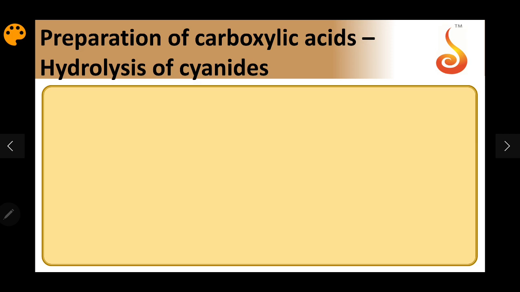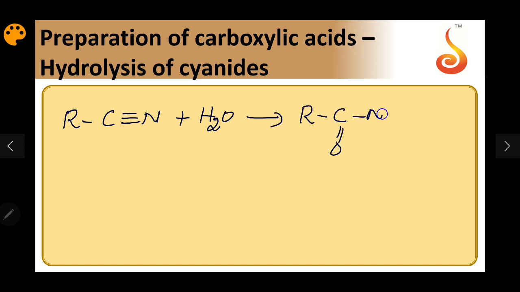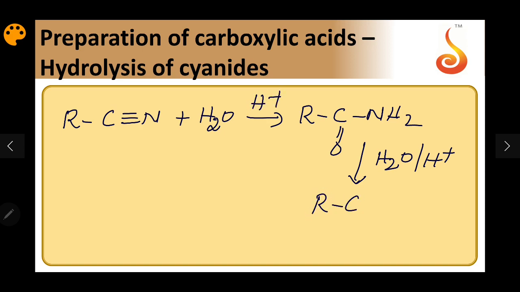Cyanides also give carboxylic acids on hydrolysis. So RC triple bond N, when I add H2O, it will form amide as the intermediate product, not to be isolated. Again it undergoes hydrolysis in acidic or basic medium, forming finally carboxylic acid and ammonia.